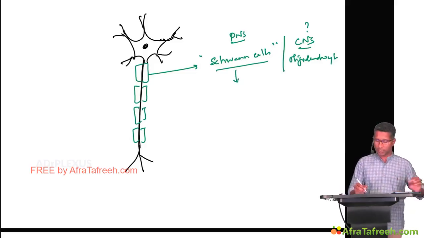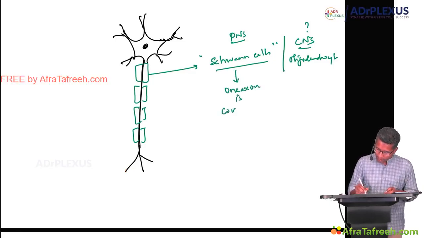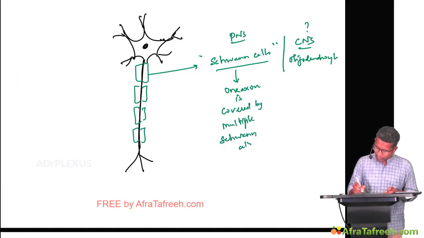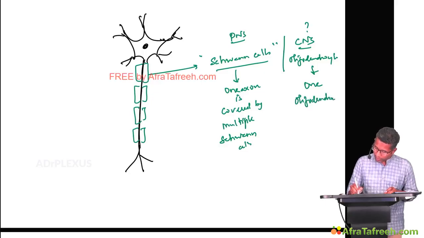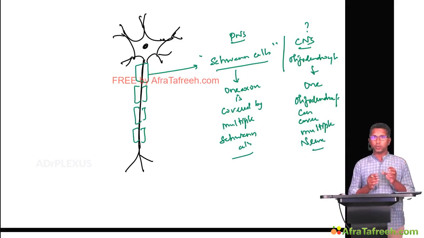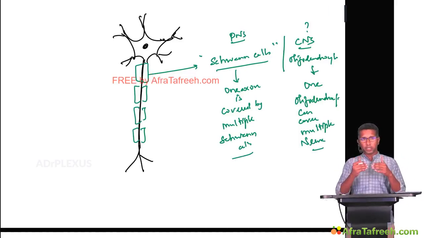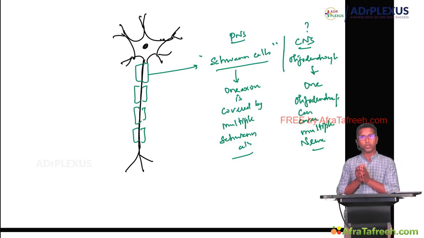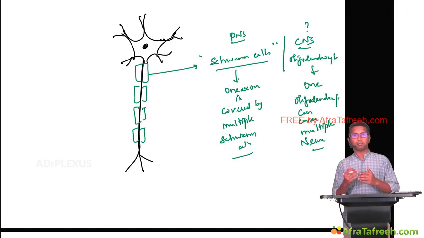If you take Schwann cells, one axon is covered by multiple Schwann cells, whereas one oligodendrocyte can myelinate multiple axons.